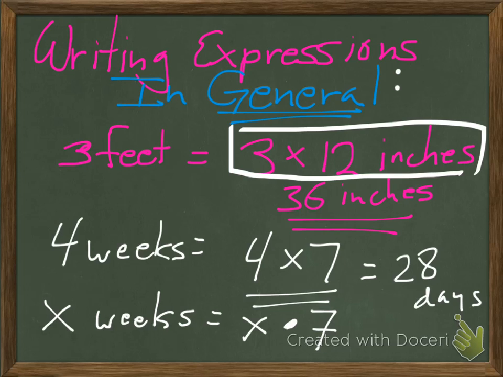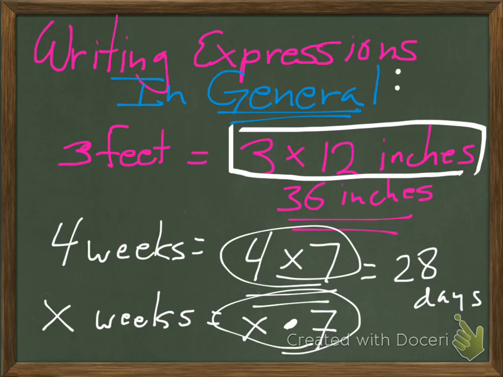So sometimes our expressions will involve variables, and sometimes they're just going to involve numbers. And again, going back to our terminology, an expression that only has numbers in it, like 4 times 7 right here, is a numeric expression, and one with a variable is a variable expression.